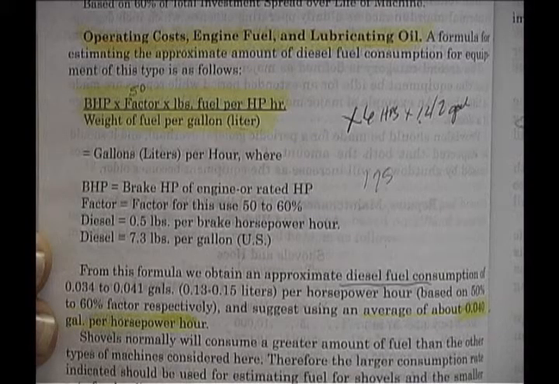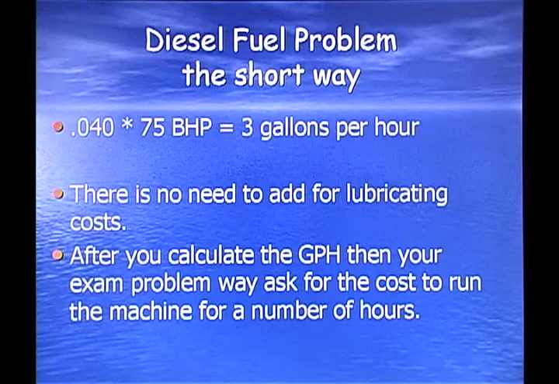That's right out of Walker's. You got the long way, the formula from Walker's. Now, the short way is you take the calculation of 0.040 times your bulk horsepower of your machine, which in this case is 75 horsepower, and you multiply 0.040 times 75. That gives you 3 gallons an hour.